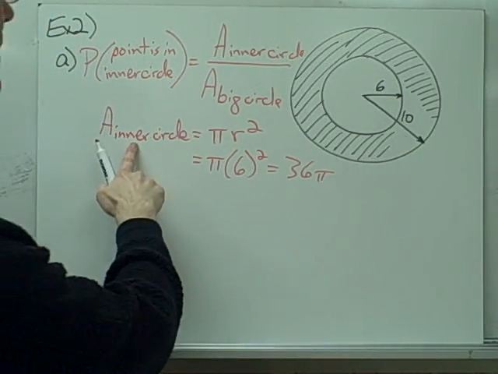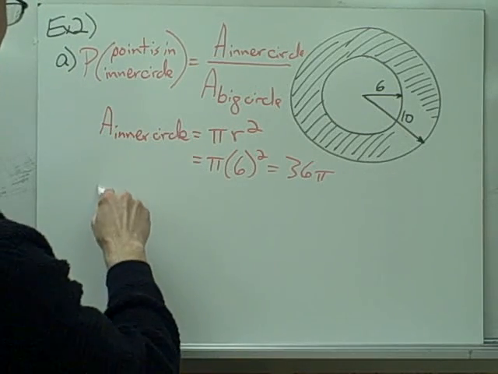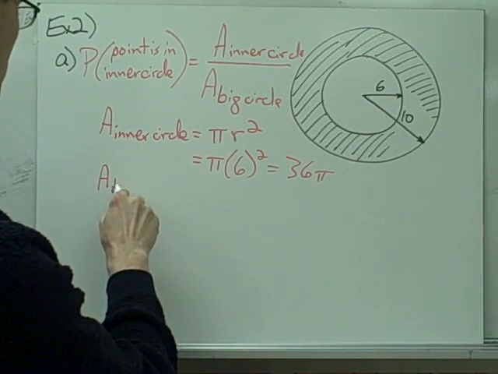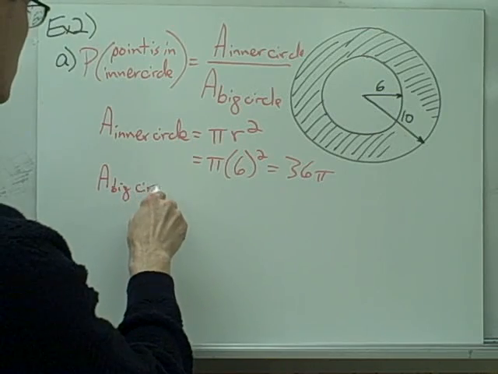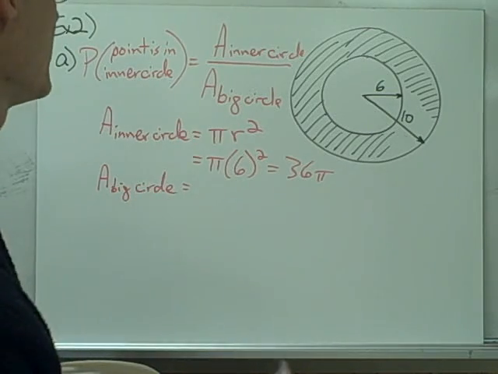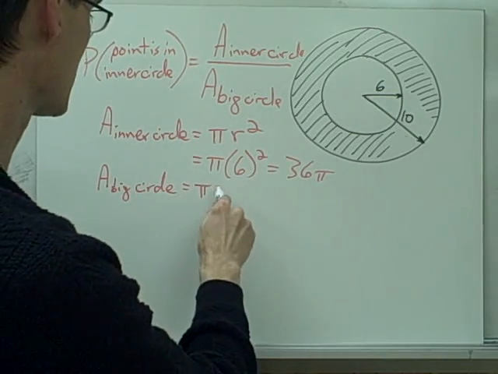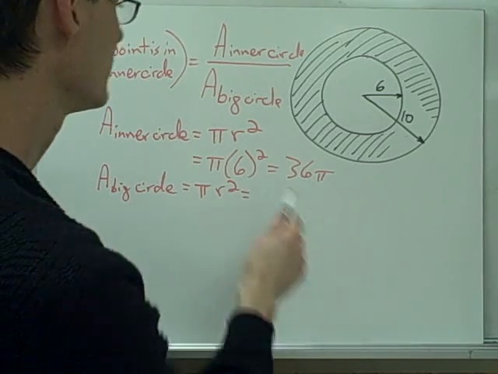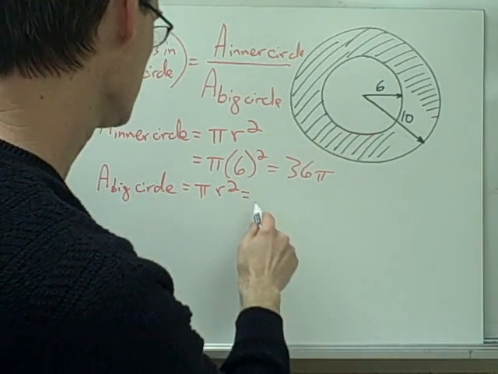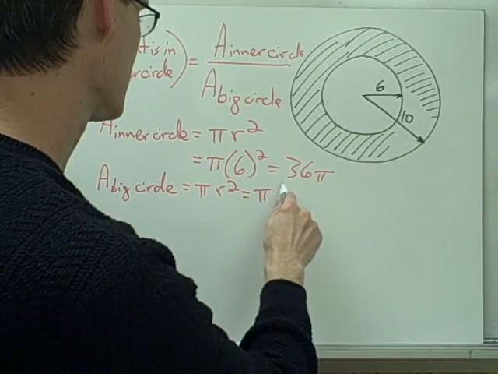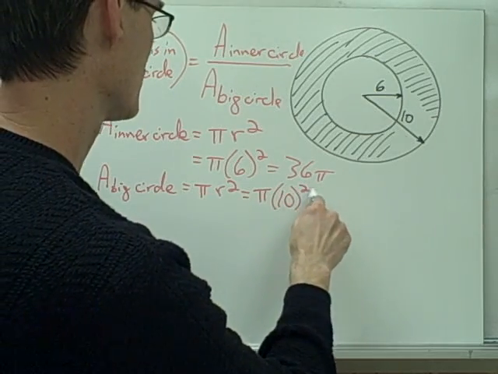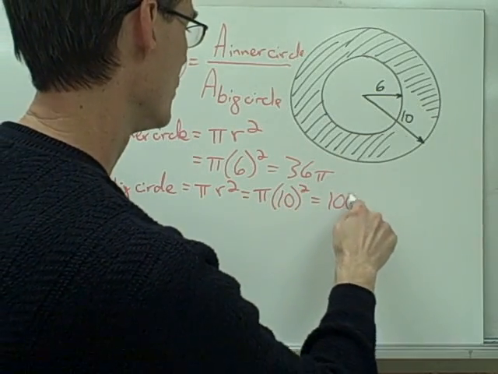All right, so I've got the area of my inner circle. Now I need to calculate the area of my big circle. The area of my big circle, again, is pi times radius squared. This time my radius is 10, so I've got pi times 10 squared, which is 100 pi.